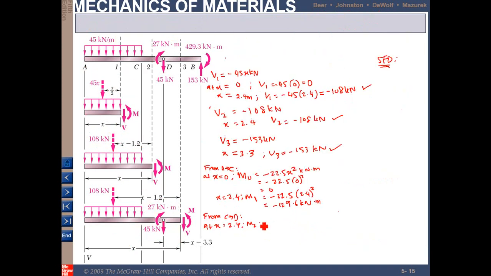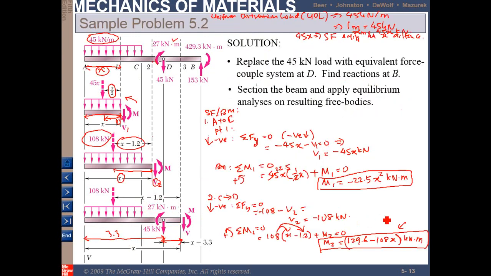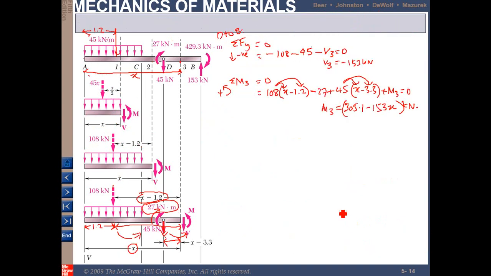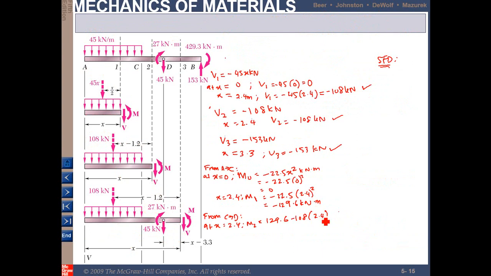so M2 is equal to 129.6 minus 108 times 2.4. You put this value into this equation, so you place this with x 2.4, so you get this equal to minus 129.6 kilonewton meter.